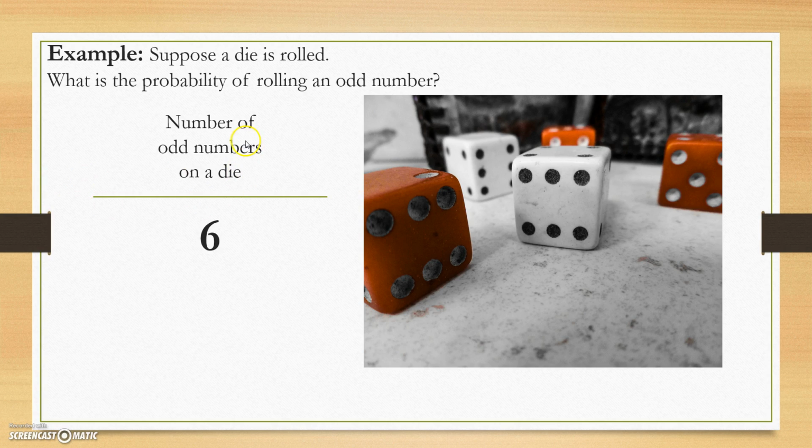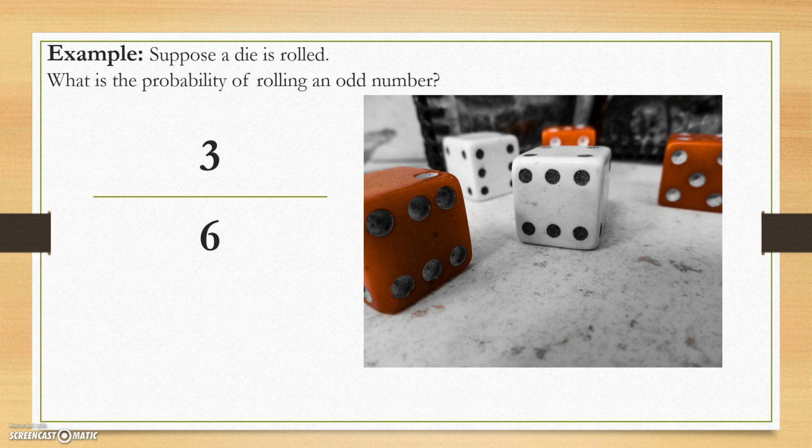In our numerator, our target is the odd numbers. So we have to identify how many odd numbers are there on a die. A normal die goes from 1 to 6, and that means that the numbers 1, 3, and 5 are all odd numbers that are represented on a die. So there are 3 numbers, 1, 3, and 5.